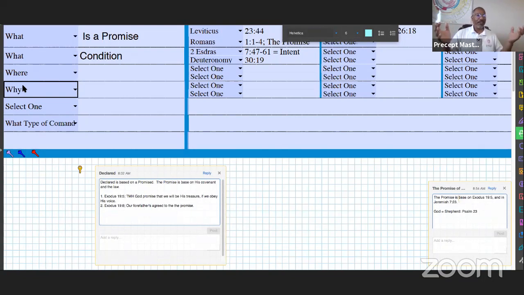So we understand what the conditions are, because the conditions tell what's going to be happening in Deuteronomy 27, 28, and 29. We're going to find out many things that are going to happen. So we have to understand what those conditions are.